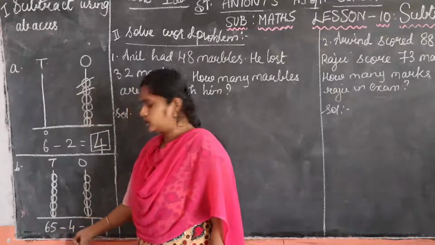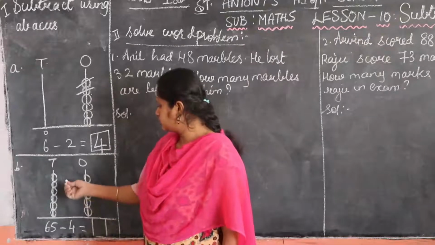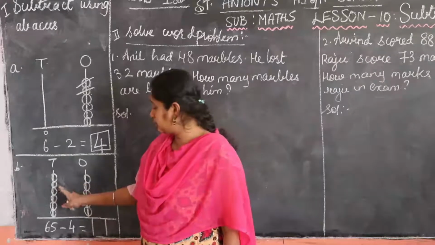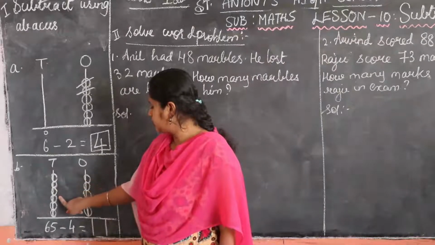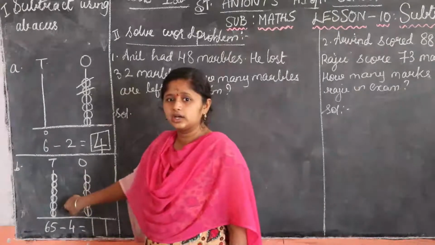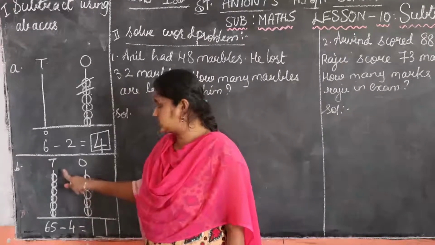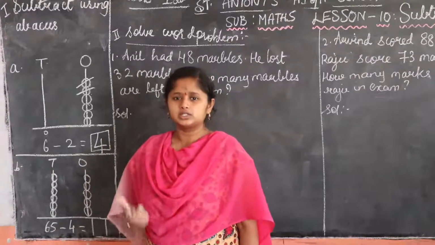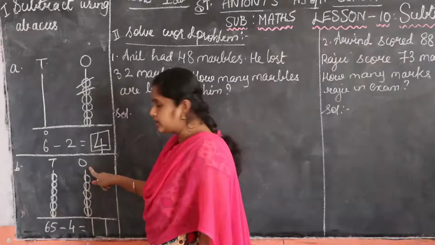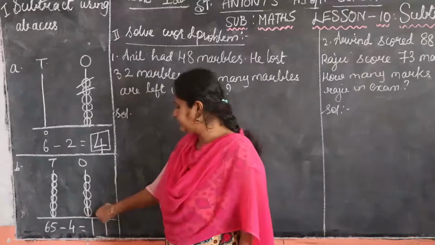65 minus 4. I have placed how many beads in the tens place? 1, 2, 3, 4, 5, 6. 6 beads are there in the tens place. 6 tens is nothing but 60. Now in the ones place, how many beads are there? 1, 2, 3, 4, 5.